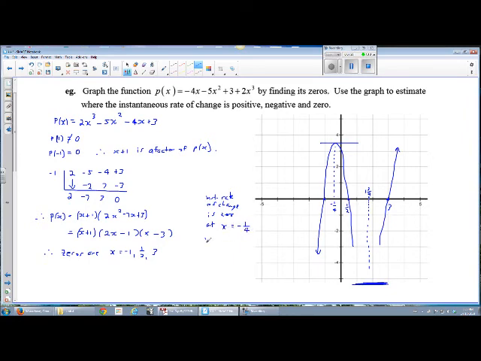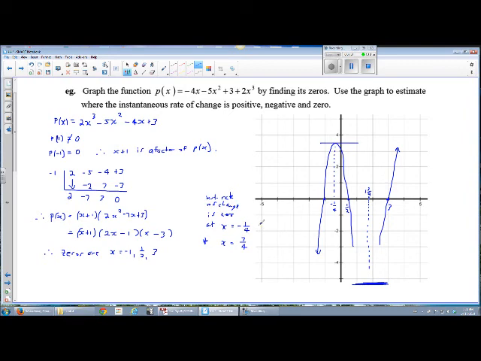and x equals 7/4. Okay, so just by the general rule of thumb of adding these two zeros together and dividing by 2, taking the average of those two x-intercepts, that'll give me the x value of that turning point. So that's where I'm saying that the instantaneous rate of change is 0 at these two spots.